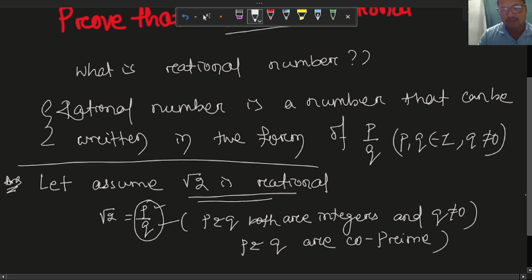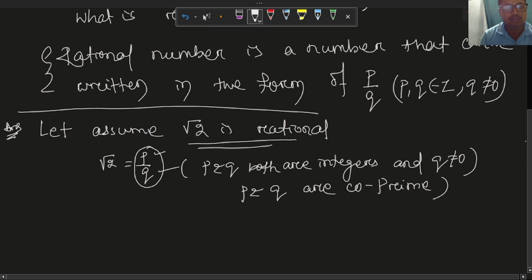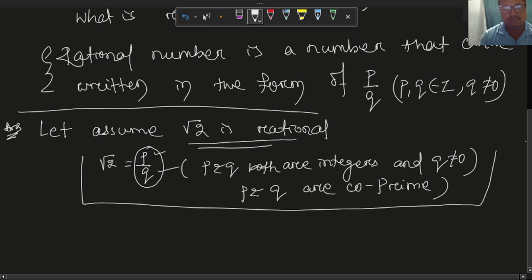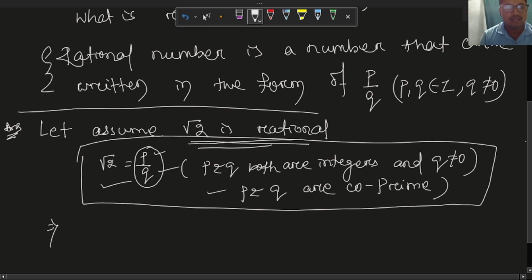If root 2 equals p by q, this statement is our assumption. From this statement we get root 2 q equals p.